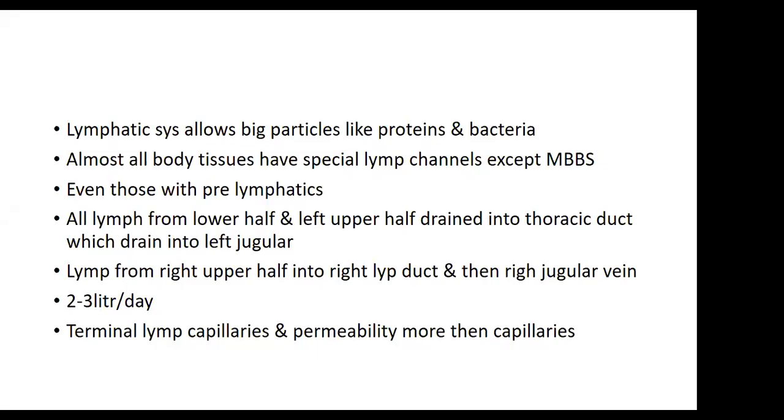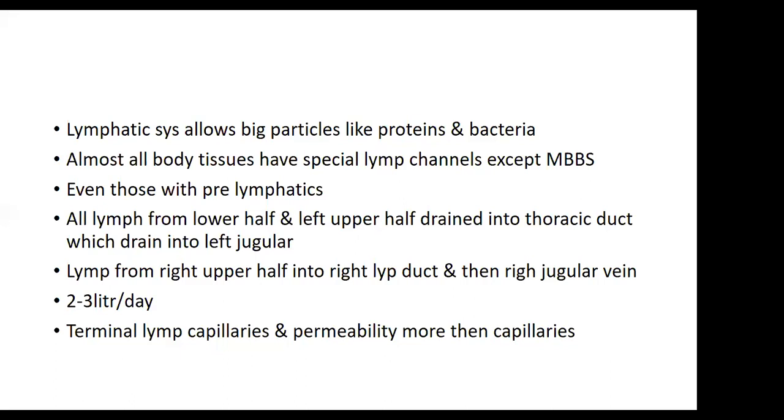Except MBBS. This is a mnemonic I have made for you, which means that some parts of the body do not have proper lymphatics, like endomysium of the muscles, like brain, like bone, like outer surface of the skin.